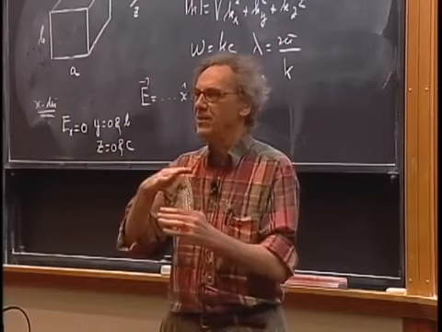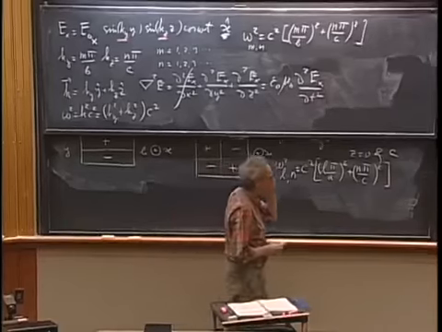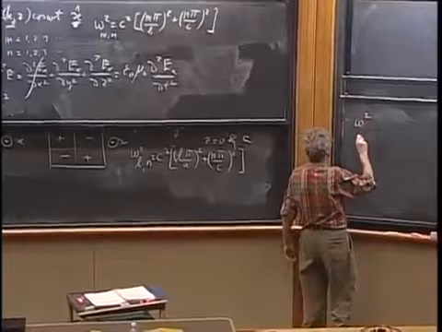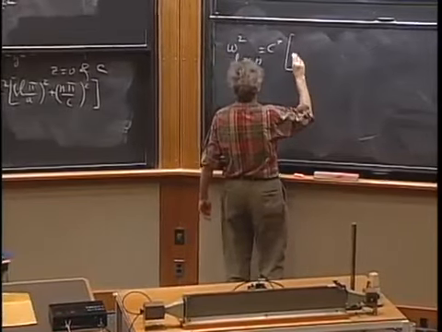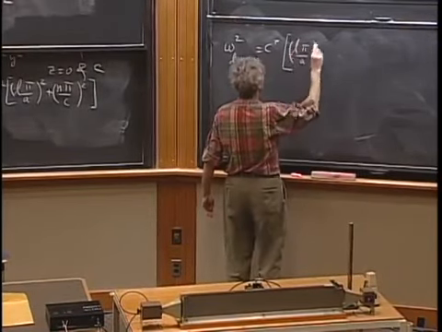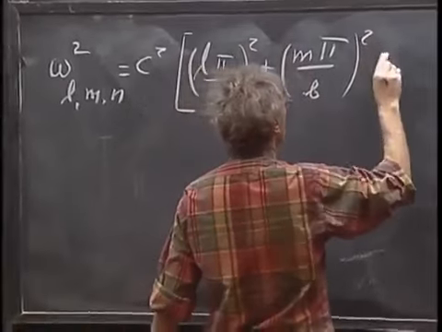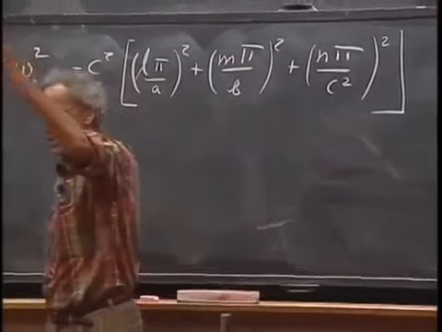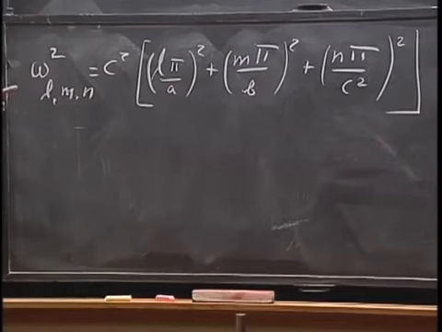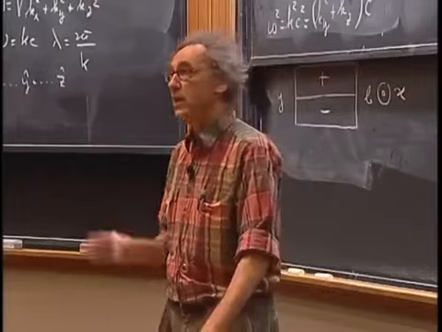So I don't just radiate linearly polarized radiation only in the x direction and only in the z direction, but now I say, aha, if omega squared L m n is c squared times L pi over a squared plus Miri pi over b squared plus Nancy pi over c squared, then I can have an E vector which is in some random direction, well maybe not too random because I have to meet this condition, and now I have a whole family of infinite number of resonance frequencies which are not only E vectors in x, y, or in z direction.